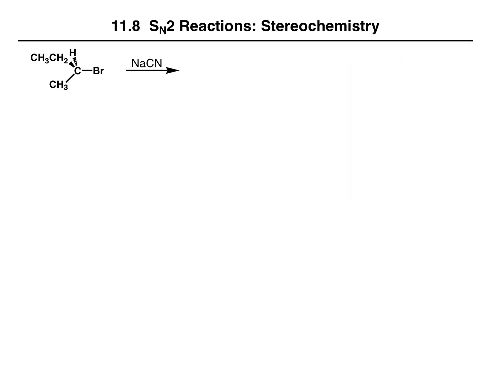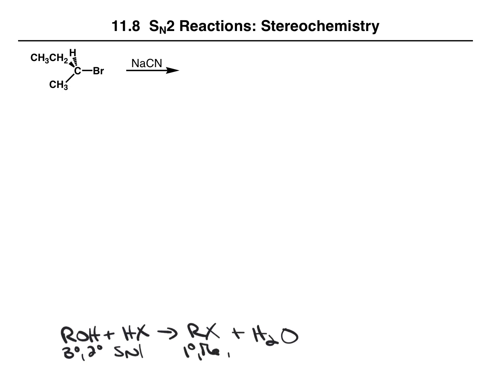When we first saw SN1 and SN2 reactions, we were talking about the reaction of an alcohol with HX to form RX plus water. And here, if we have a tertiary or secondary alcohol, they will undergo SN1. If we have a primary or a methyl, they will undergo SN2.